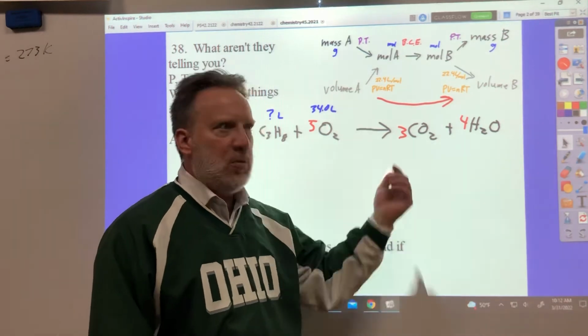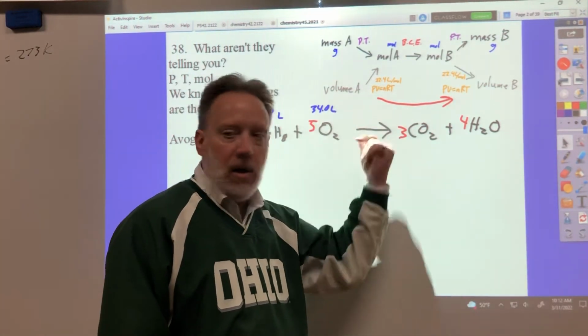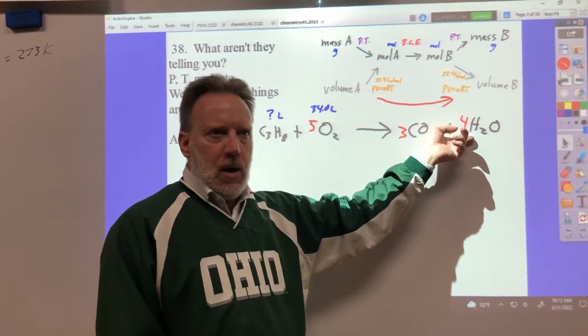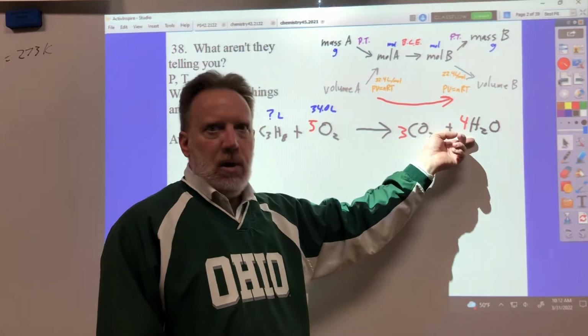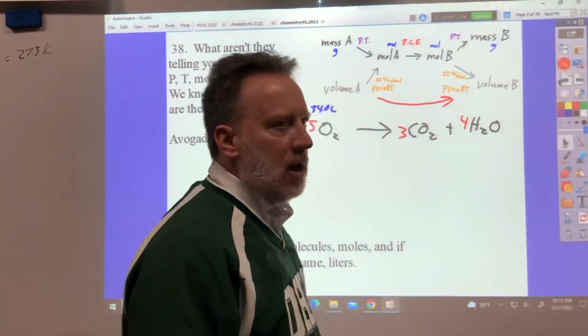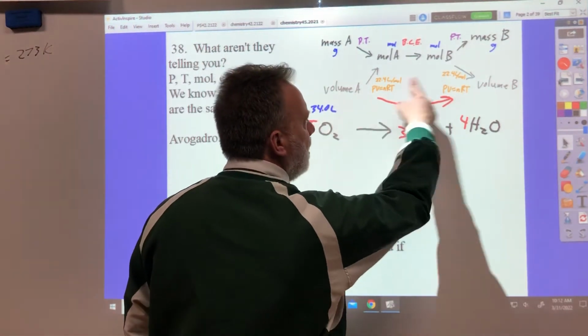Sometimes books write these problems with water and they want you to do STP, and the author isn't thinking. Every book I've ever used has a problem like that. But that's ice water at 0. Okay, as long as these conditions are the same, that doesn't have to be STP, then these coefficients are the same. That lets us skip from here to here.